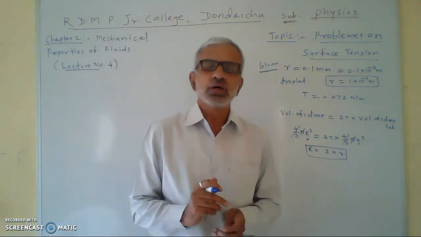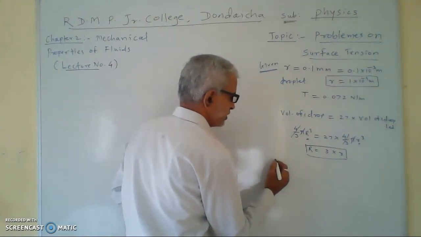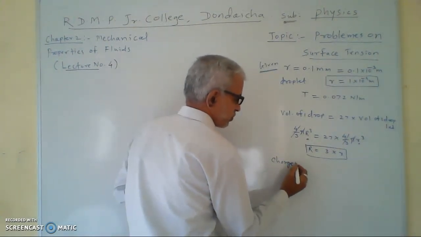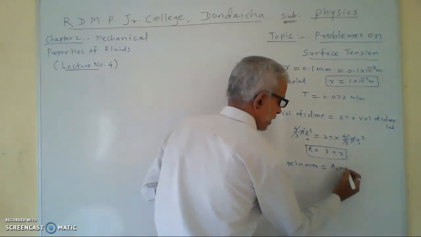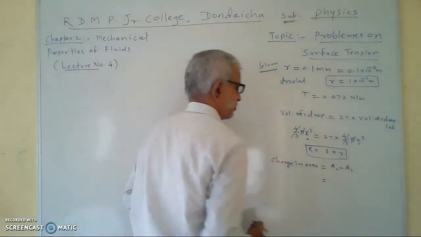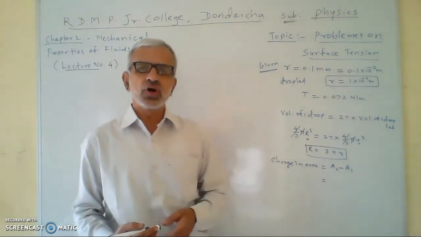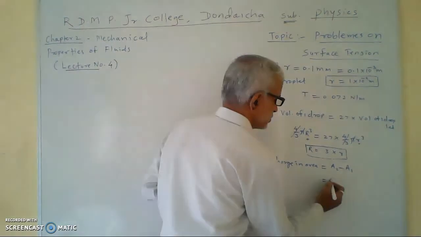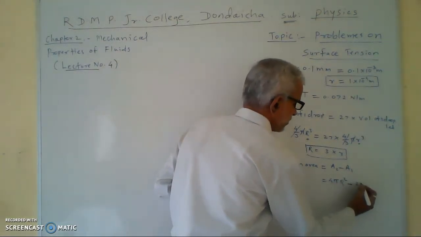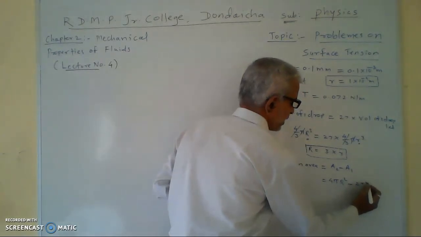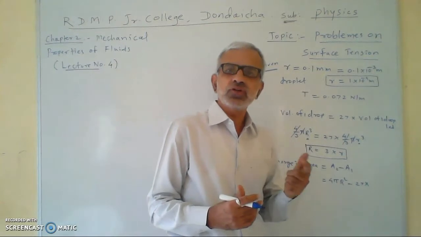Now let us find the change in area. To find the change in area, we use the formula A2 minus A1, means final area minus initial area. Which is the final area? Area of the drop. And area of the drop is 4 pi R square minus 27 multiplied by area of the droplet.